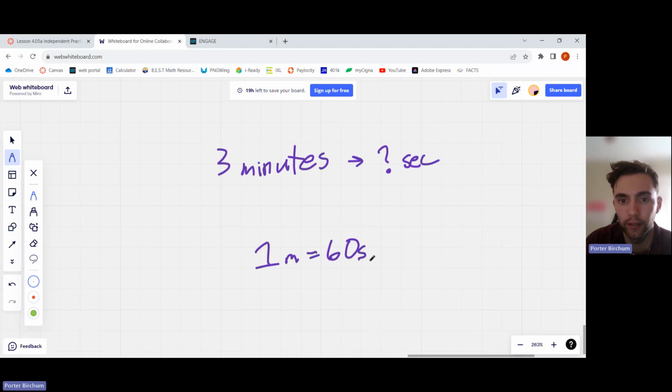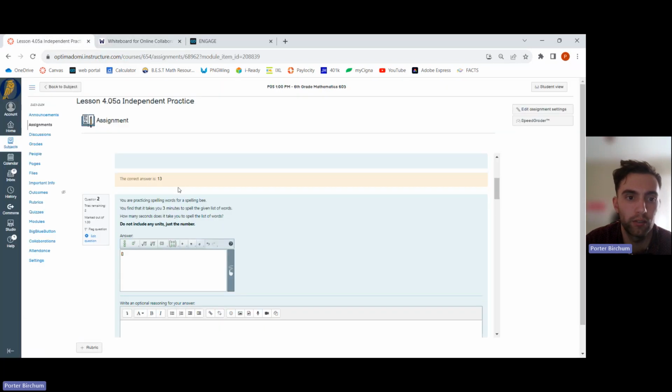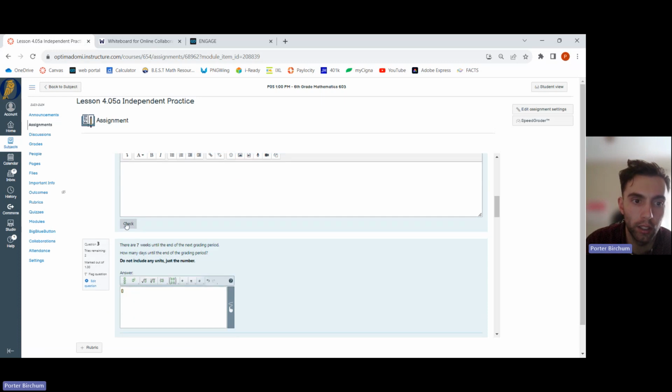So 2 minutes would be, well, what's 2 times 60? Yeah, 120. So 3 minutes would be 3 times 60, which is 180. So much easier than what I was doing before. Always on the lookout for the most efficient strategy there is. 180.